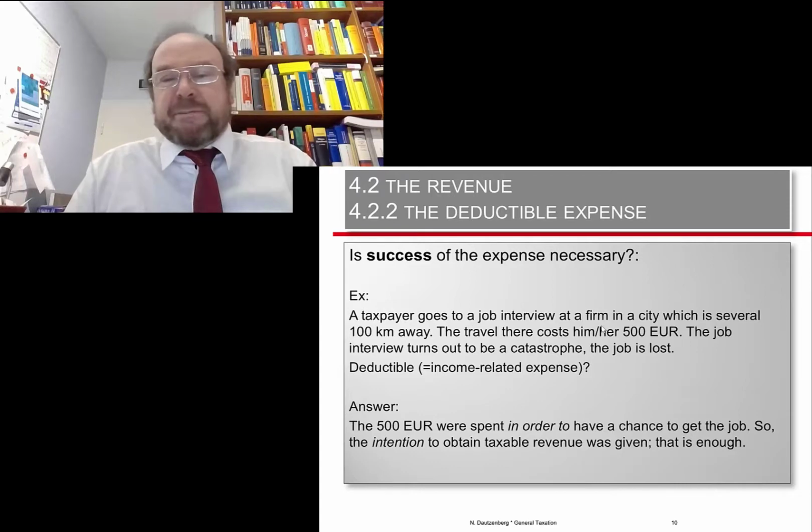I even once posed an exam question to people. A taxpayer just wants to practice job interviews, has no intention whatsoever to keep a certain job, but just files an application, gets a job interview, and just wants to train job interviews. So travels there for €300 or so. The whole job interview is a catastrophe or is rather nice.